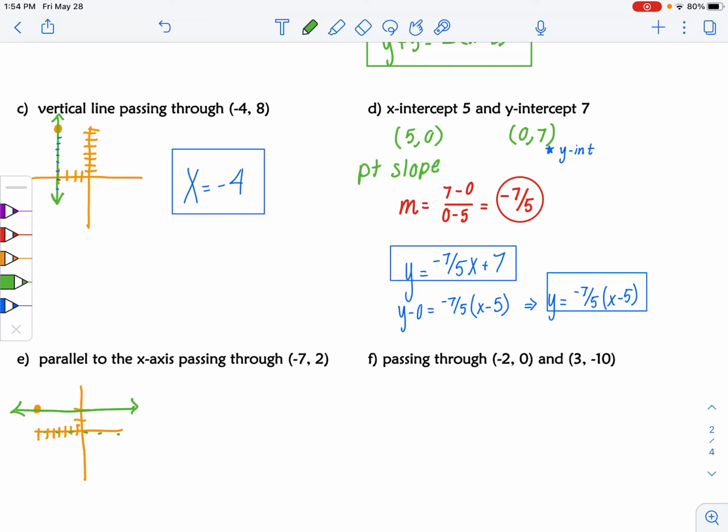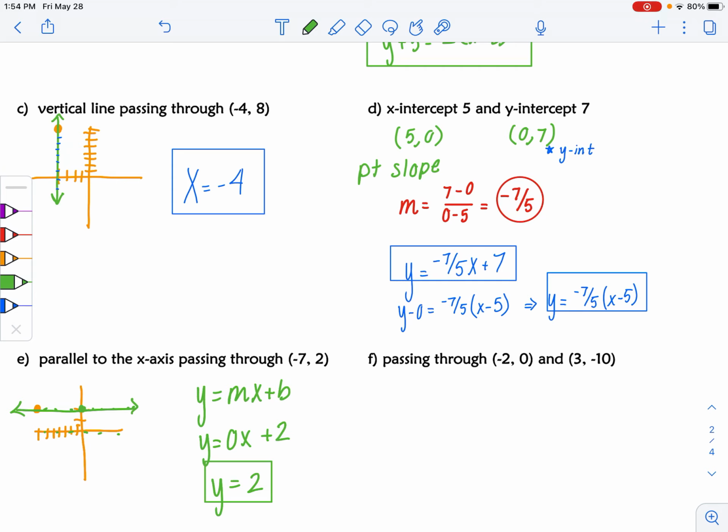Think of the person walking on a bike. No worries. So if I was going to do y equals mx plus b, well, m is 0. The y-intercept right here would be +2. Never leave the 0. Or think that every point on here has a y value of 2. That works as well.